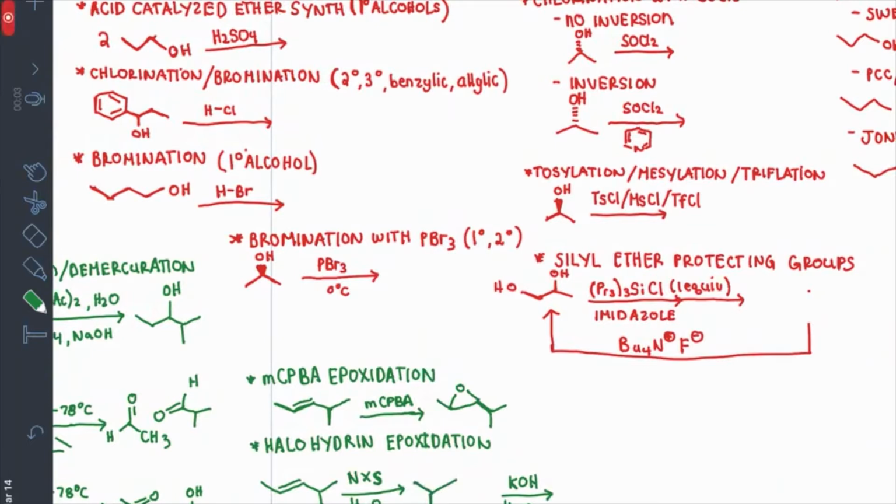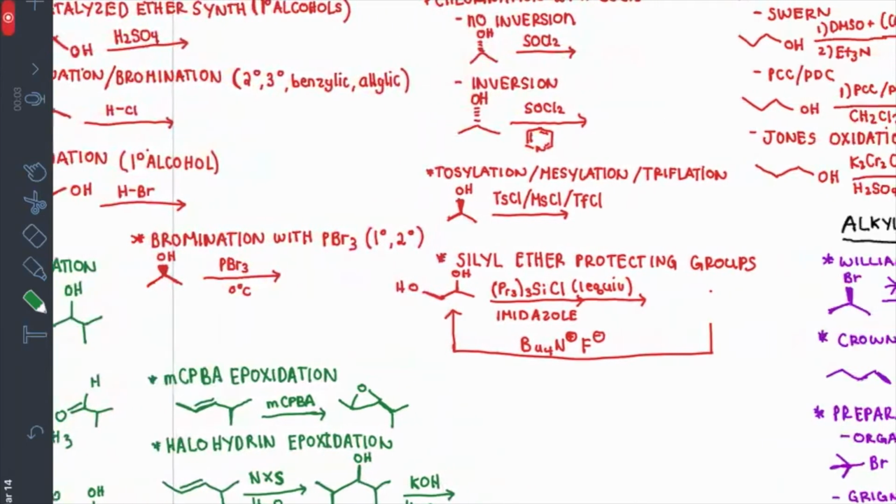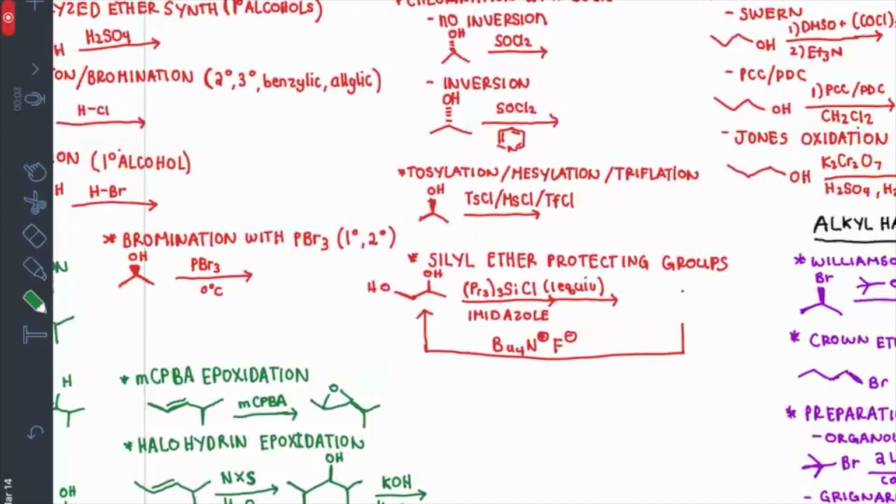The halide will be on one side, and we get OH on the other side of the alkene from H2O. This is our vicinal halohydrin. Then upon treating this with a base, we'll deprotonate this alcohol, and from there, we get our epoxide.